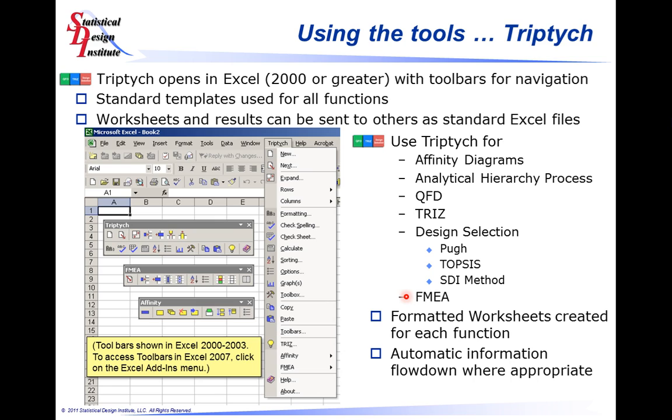Like we said, each tool opens up within Microsoft Excel and allows you an easy method for creating information, editing information, and documenting the information for use by others on your program.